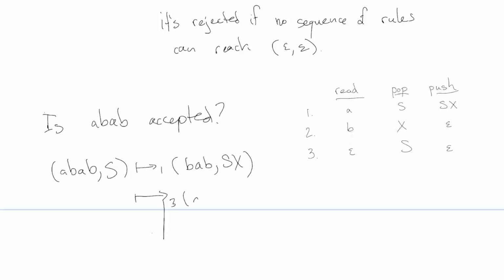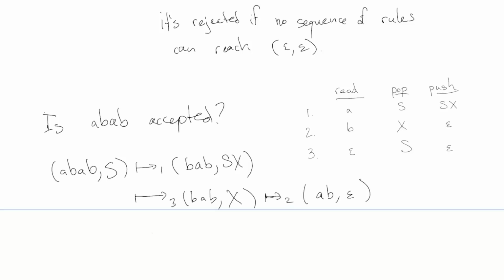And this will now say, that's an epsilon read, so it's going to be BAB still, but then throw away the S and make S. Okay. Now the only rule to do, I believe, is rule 2. You can't do rule 1 or 3 because we can't pop S anymore. So we have to do rule 2 in this case. Rule 2 is a read B, pop X. So this now says AB, comma, epsilon.